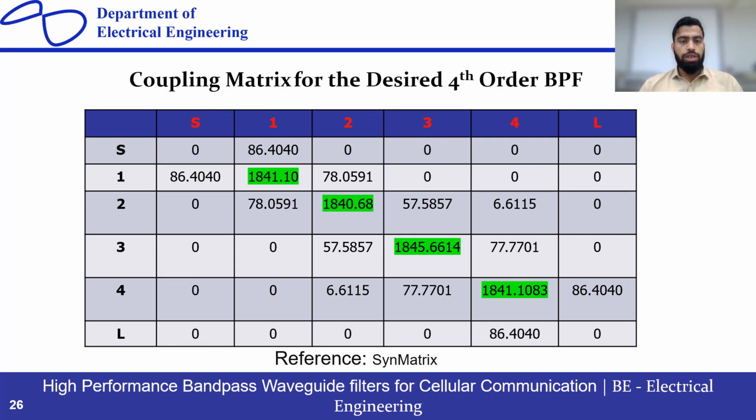And these values actually show the bandwidth of the signal energy being transmitted from one resonator to another. As we can see, this is the source, this is the first resonator, and this is the second one. So this value specifies the signal energy bandwidth transferred from the source towards the first resonator, which is 86.404 megahertz. And this one shows that the energy bandwidth transferred from the first resonator to the second one is 78.0591.